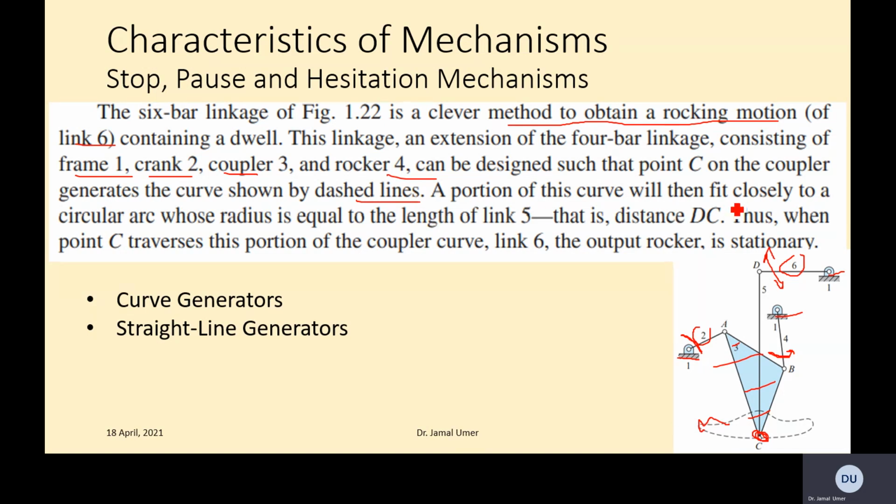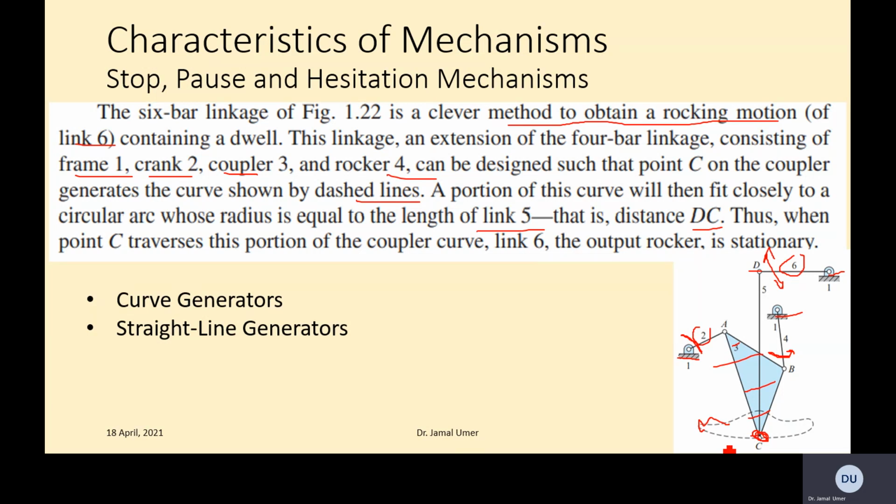A portion of this curve will then fit closely to a circular arc whose radius is equal to the length of link 5, that is the distance DC. When point C traverses this portion of the coupler curve, link 6, the output rocker, is stationary.